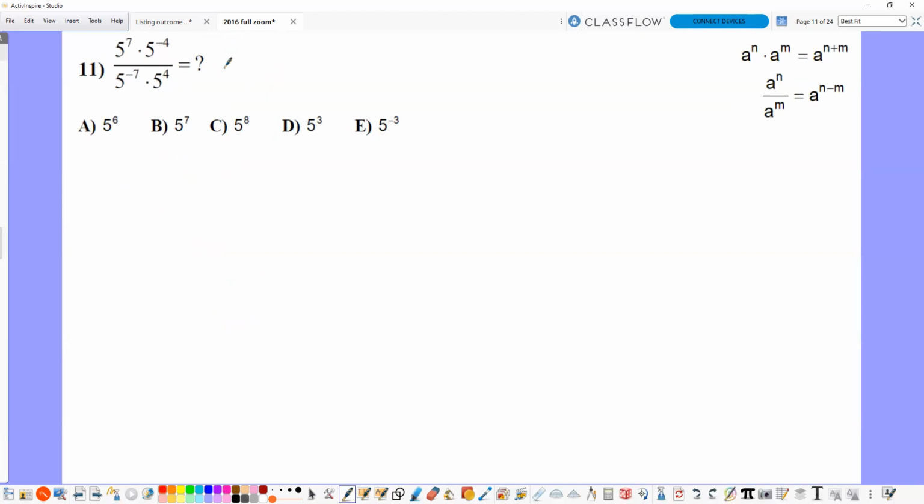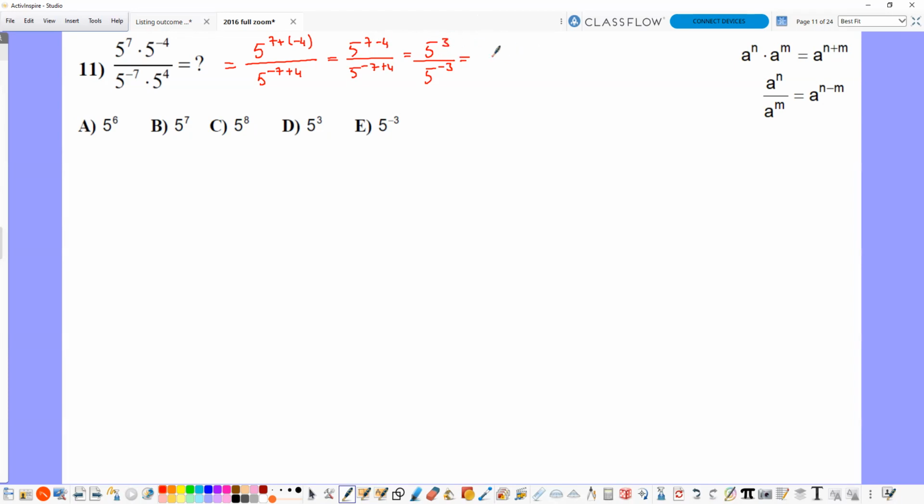So with respect to that, the bases are the same, 5 to the power of 7 plus minus 4 divided by 5 to the power of minus 7 plus 4, which is equal to 5 to the power of 7 minus 4 divided by 5 to the power of minus 7 plus 4. Here, 7 minus 4 is equal to 3, and minus 7 plus 4 is equal to minus 3, which is equal to 5 to the power of 3 divided by 5 to the power of minus 3.